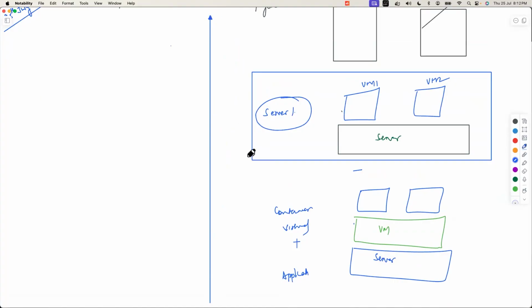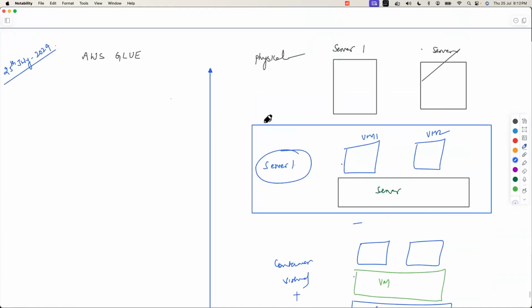That means it's a totally divided environment. Yes, ultimately we have to see from the perspective of how it has been designed. But a container will also give isolation, since we have one application in one container. We are asking which will provide higher isolation.